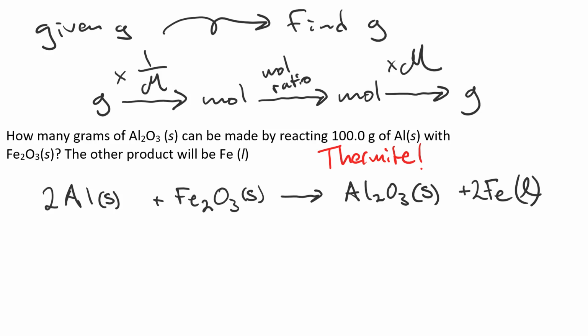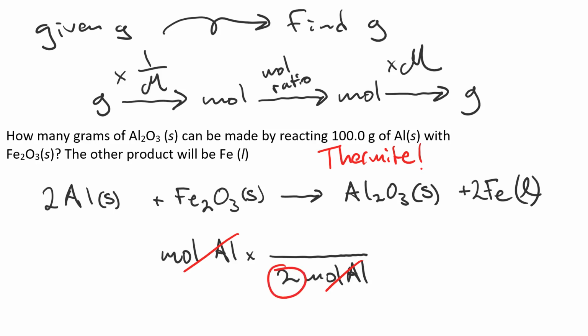At this point, we know what our mole-to-mole ratio will be. If we figure out the number of moles of aluminum that we have, we can multiply that by a conversion factor that has 2 moles of Al on the bottom. Al goes on the bottom so that we can cancel it.